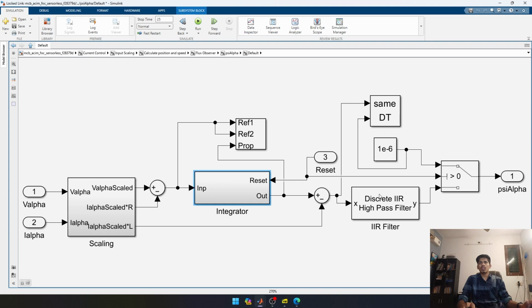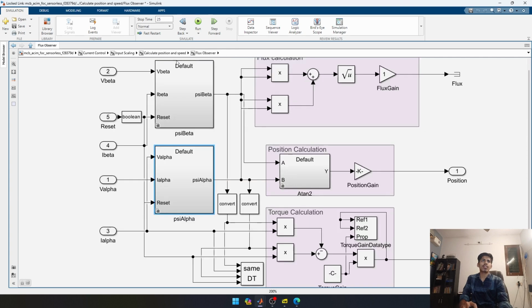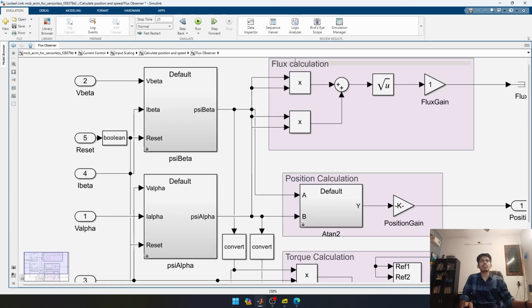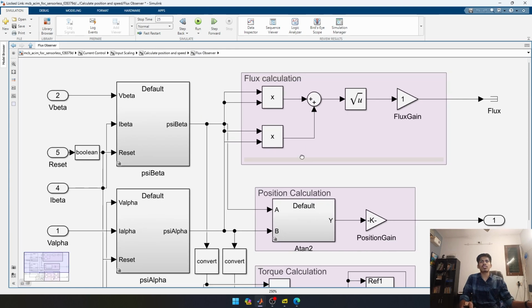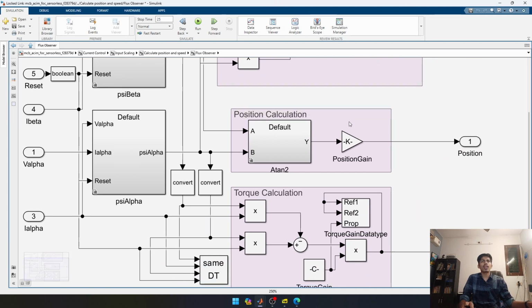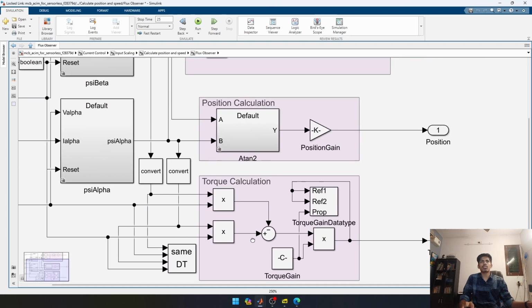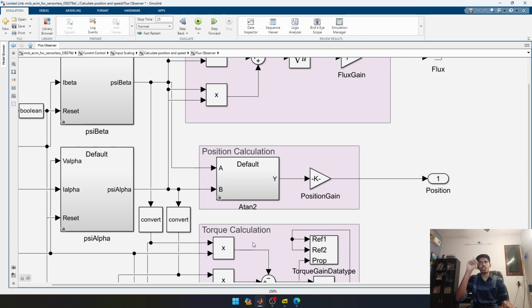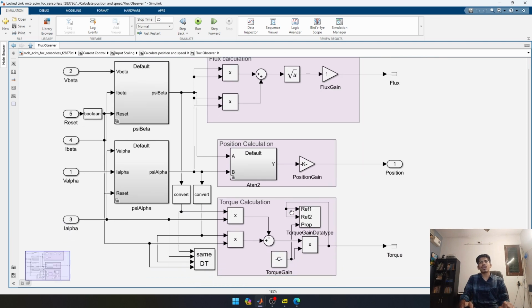Then there is this high pass filter, to remove any low frequency component, and for that there is a cutoff frequency. After this we calculate the flux, the position, and the torque. Since we have unchecked the torque and the flux, they go into the terminator block. We are not using those, we are only using the position.